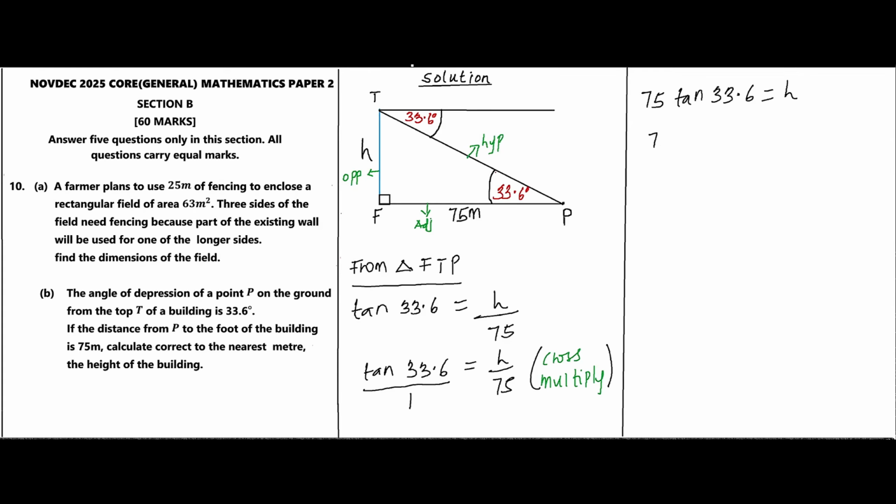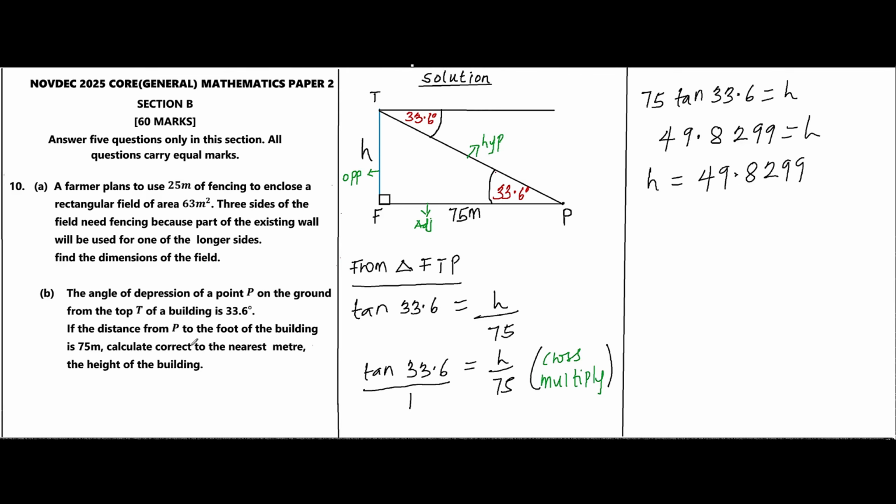Okay, so let's compute this. 75 times tan 33.6. So that is 49.8299. So h is 49.8299.